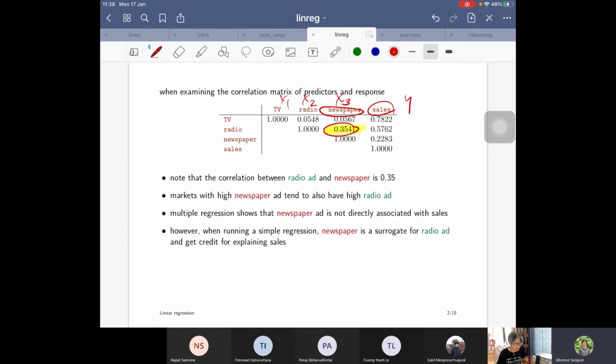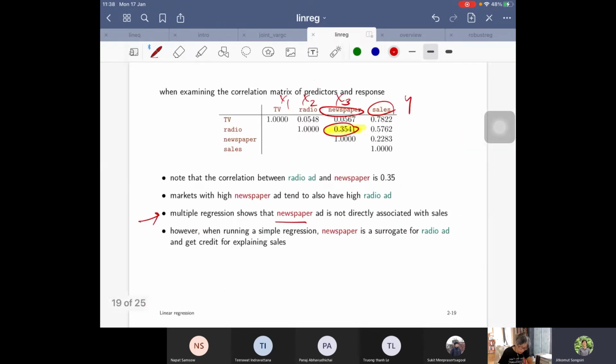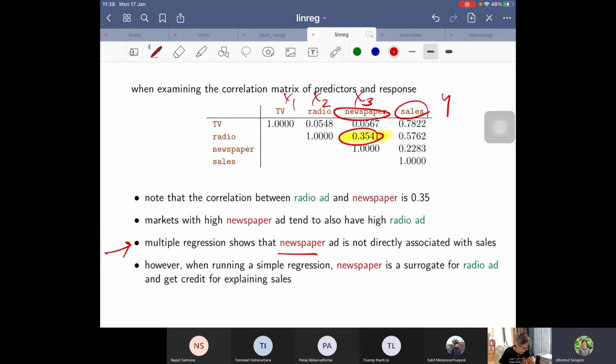In the multiple regression, as we saw previously, the newspaper doesn't seem to have an effect on the sales, because of this p-value. But this correlation matrix gives us an interpretation to explain such a contradiction.